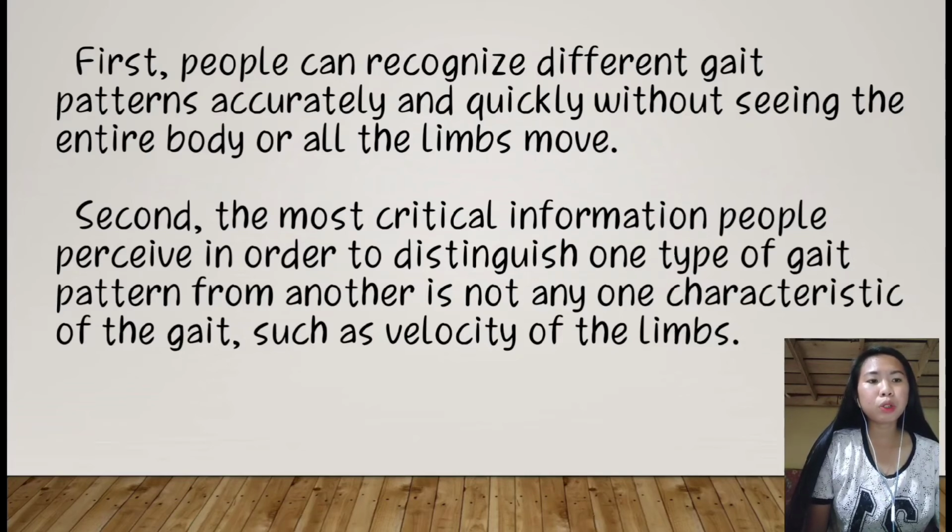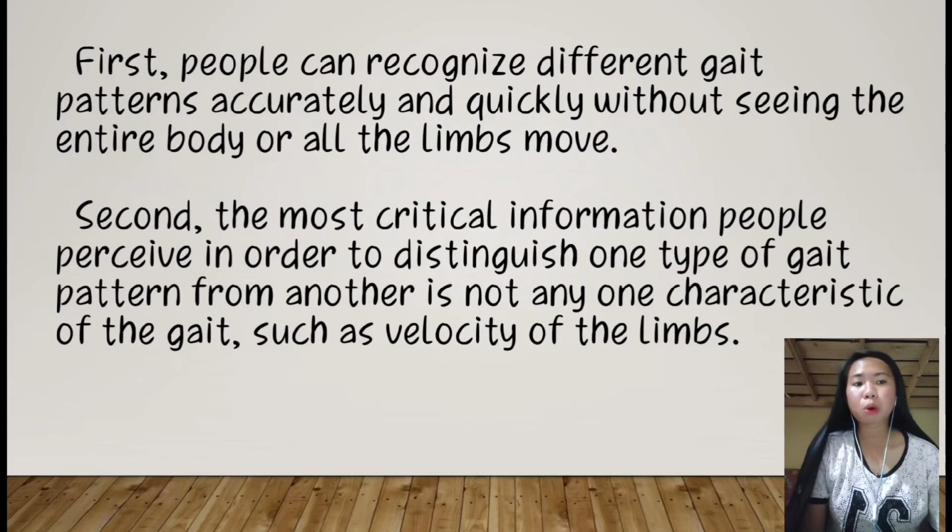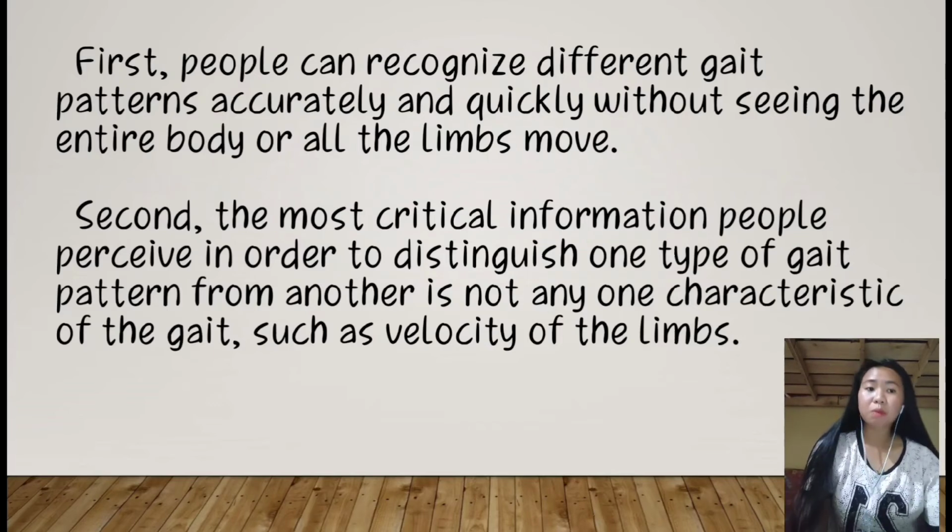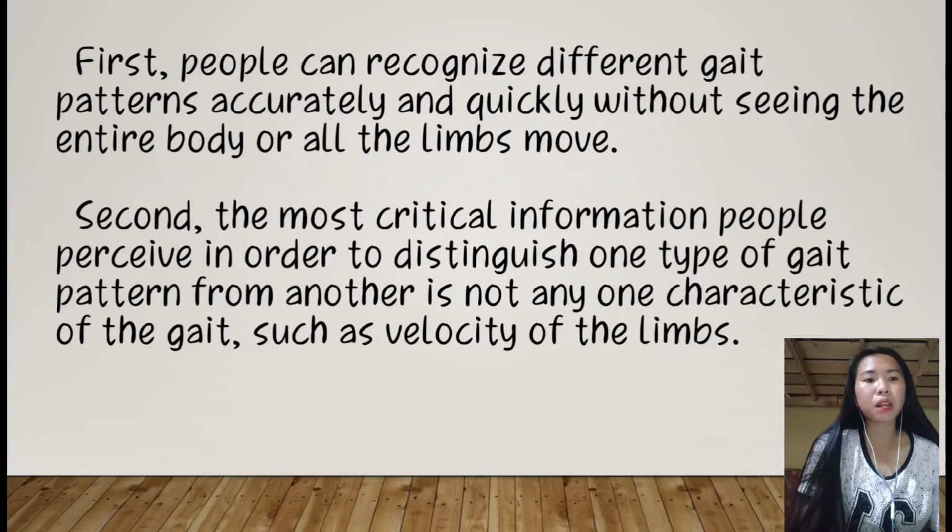Instead, people use the invariant relative time relationship between two components of gait. The question that naturally arises then is, if people use relative motion information to recognize movement patterns, is the provision of this source of information in a demonstration the most effective way to bring about changes in coordination?